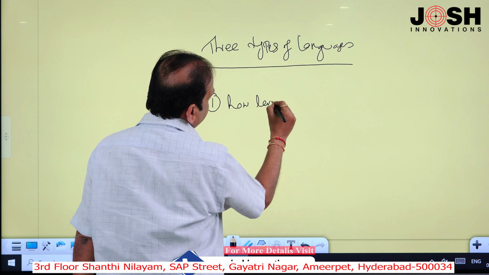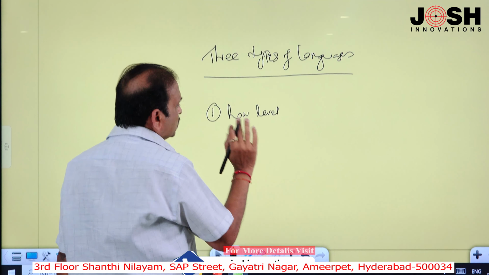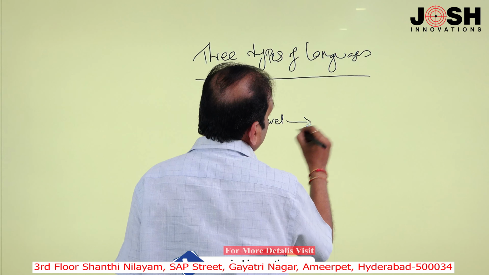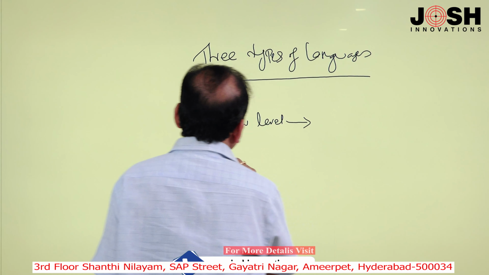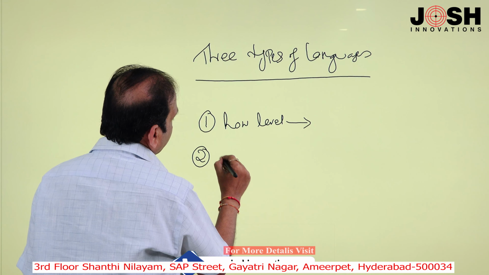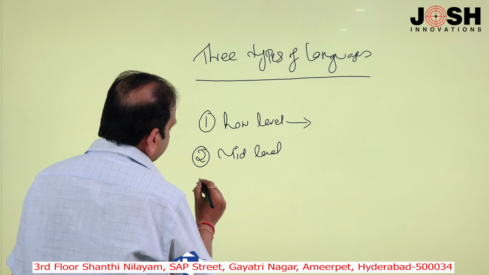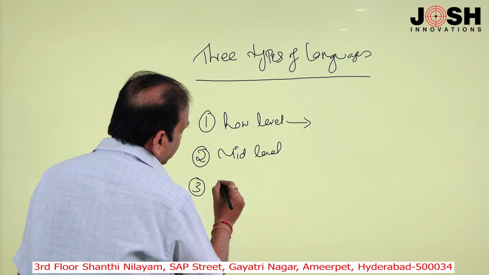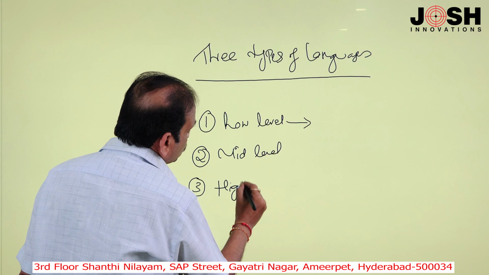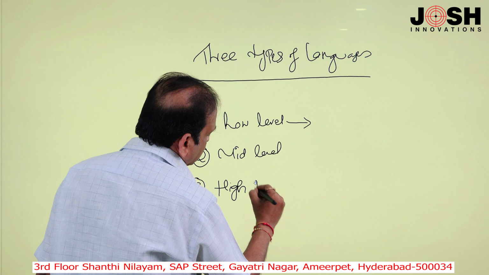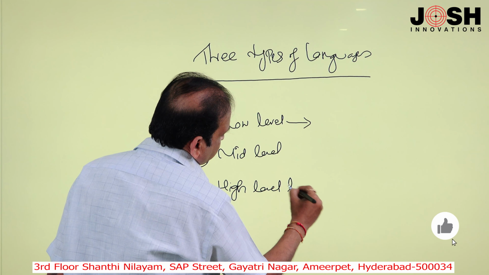When programming started in the 1970s, all programming was low level code, and then we have mid level and a third one. Now, all the languages are high level languages. You should know the difference.